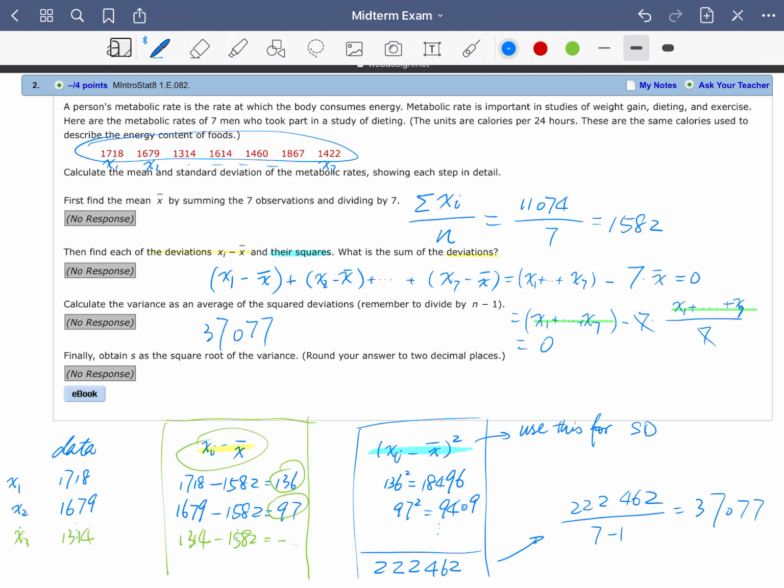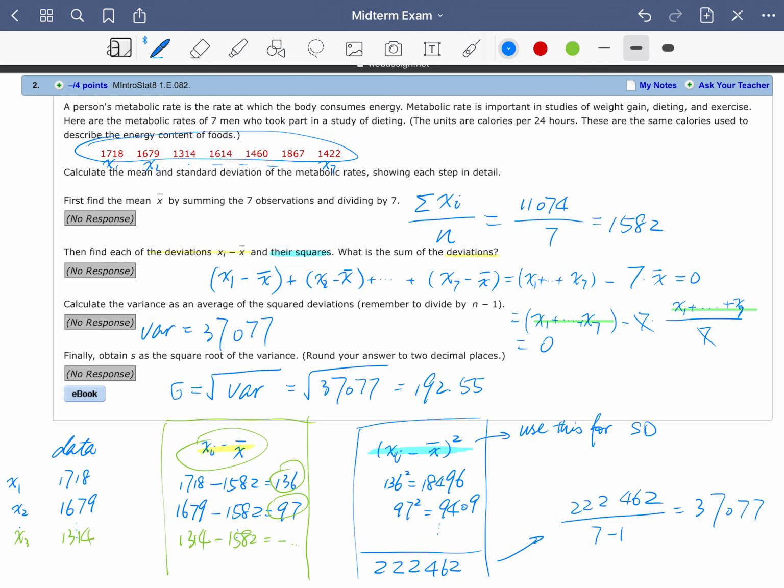And the last one, we want to find the square root of the variance. By definition, this is the standard deviation. So the variance is this one, and the standard deviation is the square root of this number, which is 192.55.